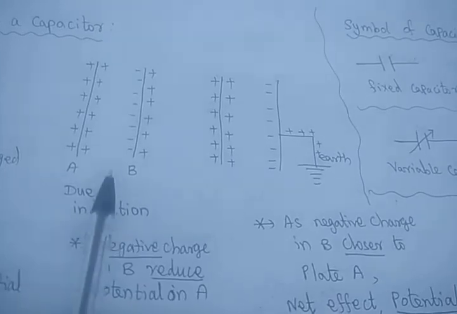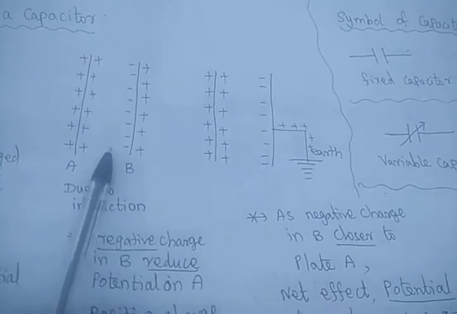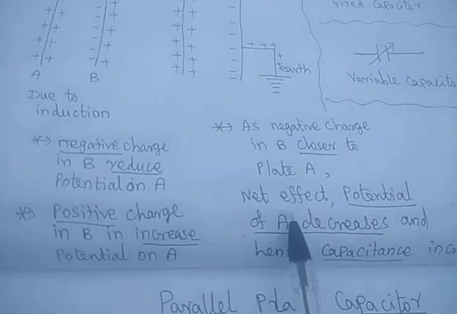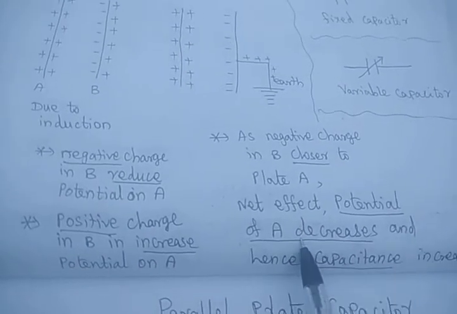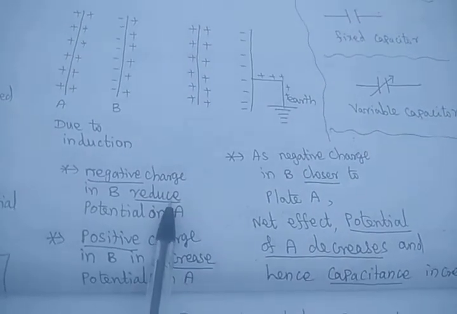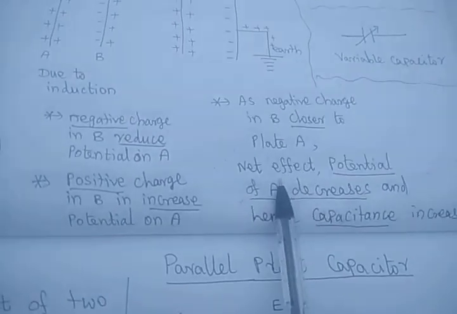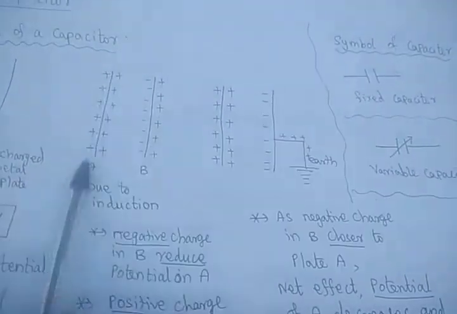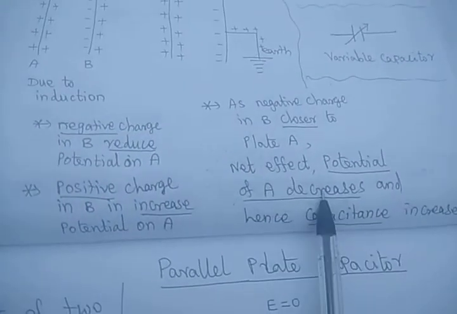Hence, as the net effect, the negative charge wins. Since the negative charge is closer to plate A, the potential of plate A is reduced.